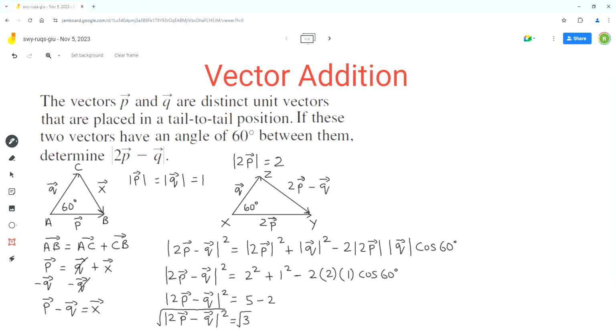So on the left side, the square root and the square cancel each other out. So we get the square root of 3 as the magnitude of 2p minus q. So this should be the final answer for this problem.